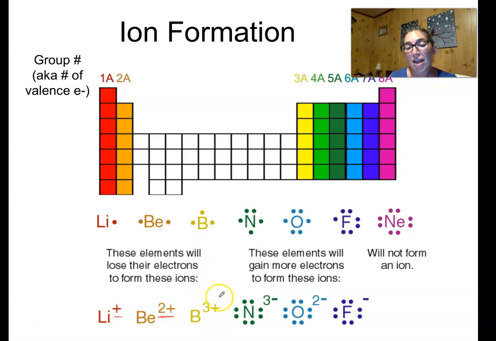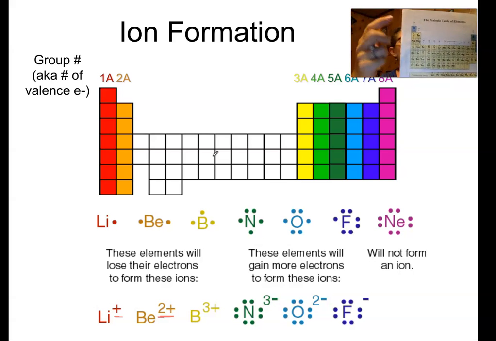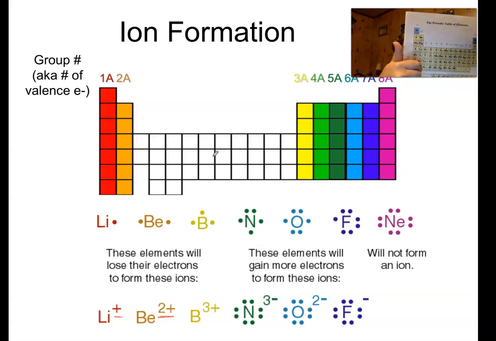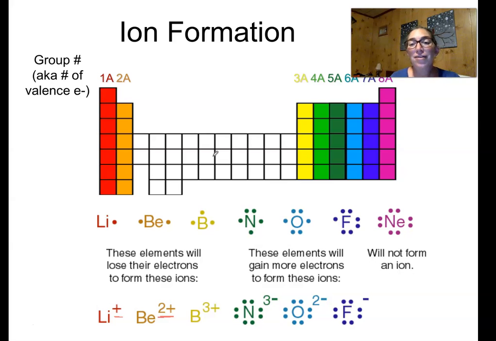It'll lose 3 and end up with a 3+ charge. If you look at your periodic table, you'll see all the elements in groups 1, 2, and 3 are pretty much all metals. So metals tend to form cations. They tend to lose electrons and form positively charged ions.